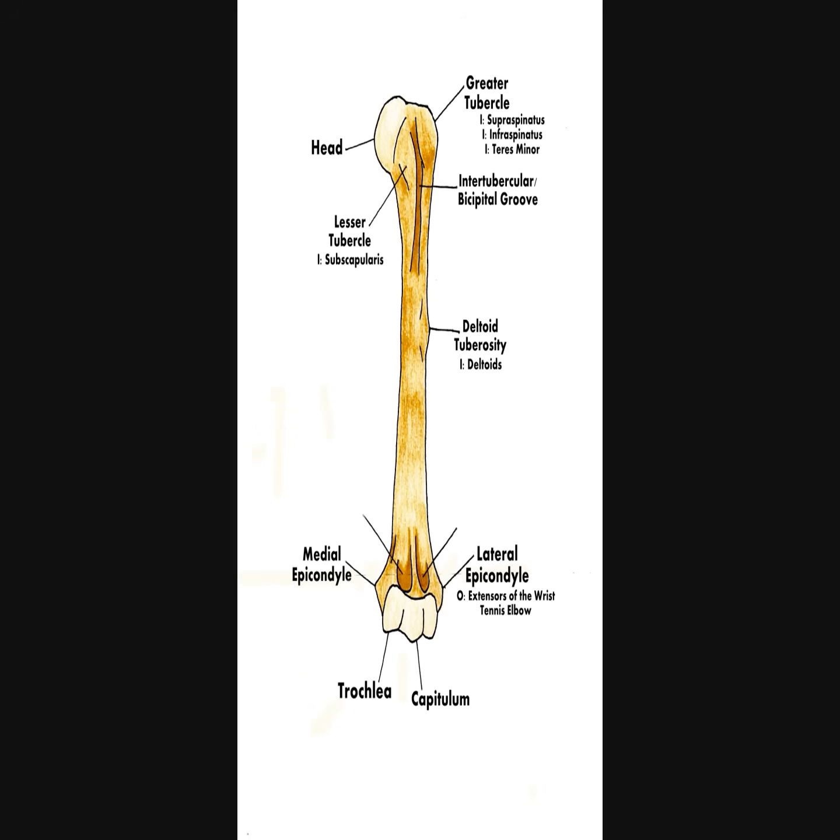So the muscle group that originates on the medial epicondyle is located on the anterior surface of your forearm. This muscle group is responsible for flexion of the wrist. The muscle group that originates at the medial epicondyle of the humerus are the flexors of the wrist.